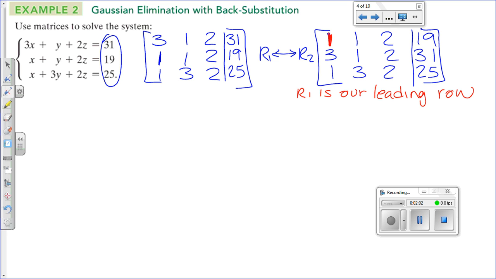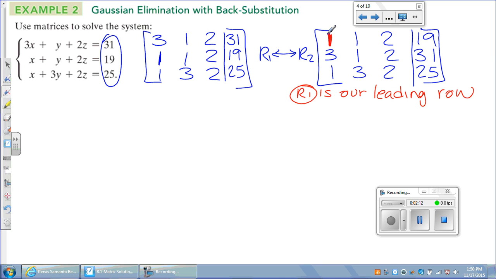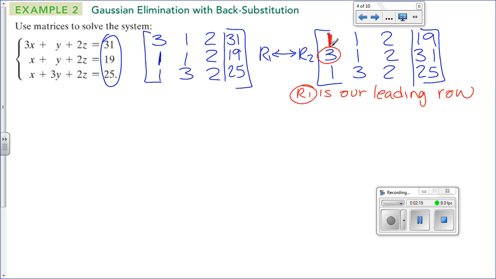What that means is that we're going to use R1 to make the zeros below it. Now, what we need to do is make this number 3 a 0.